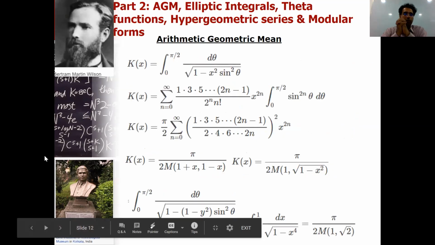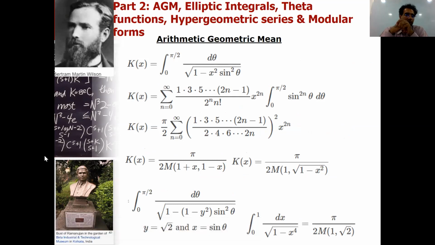And then we'll move on to other modes of expressing this arithmetic-geometric mean.